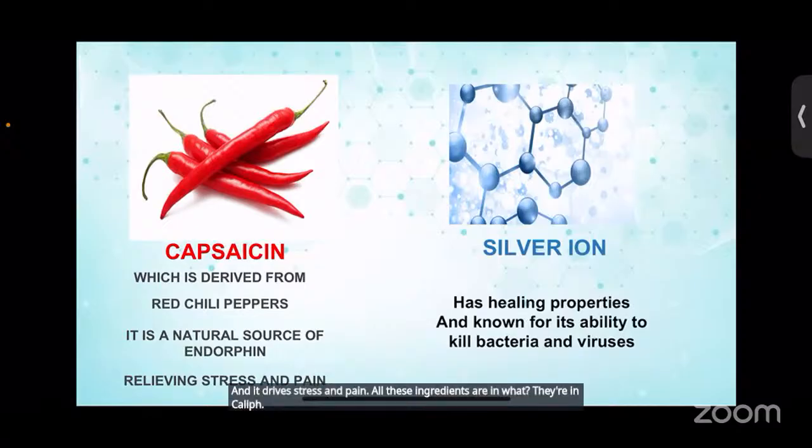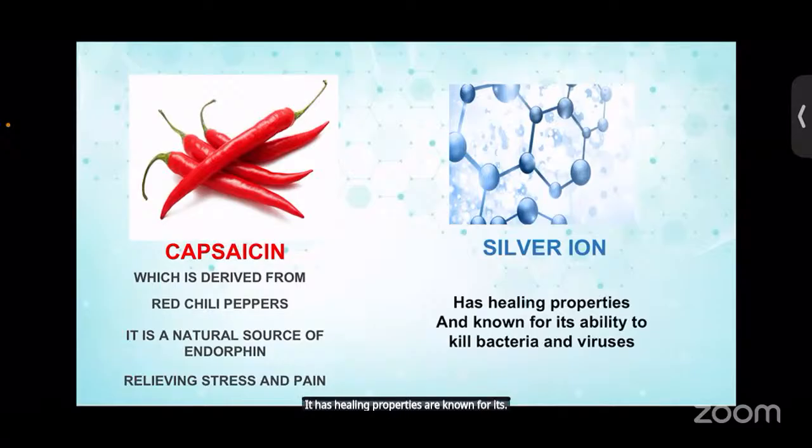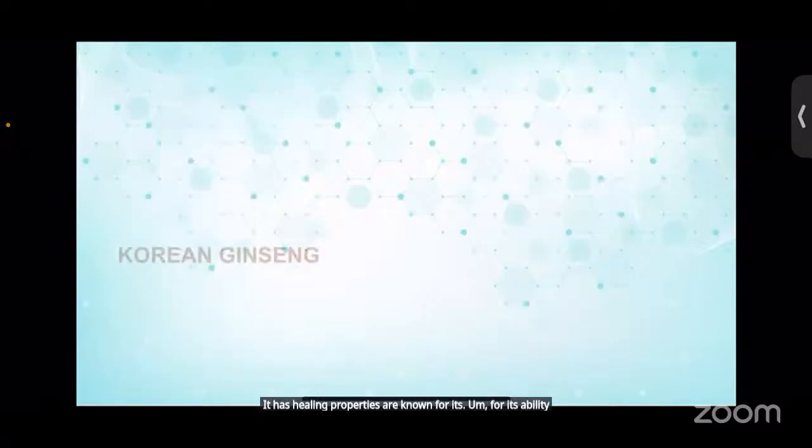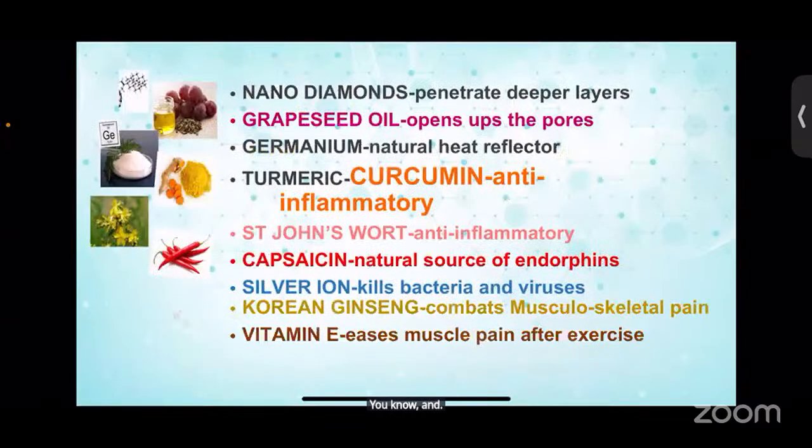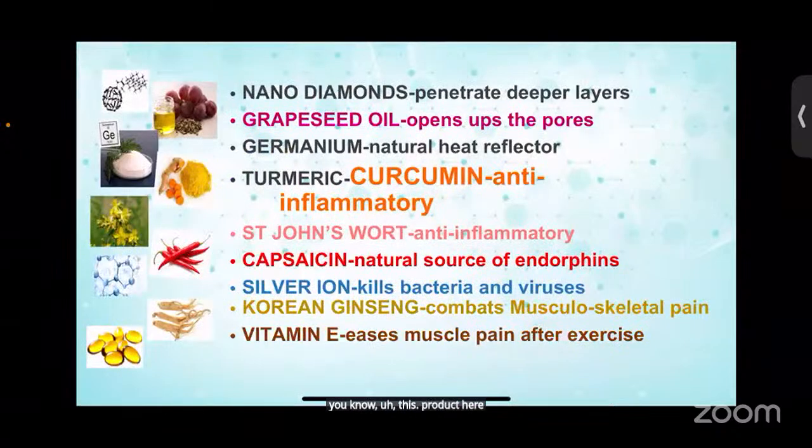Silver ion has healing properties and is known for its ability to kill bacteria and viruses. As you can see, very many ingredients, and this product here, as I've showed you, all these ingredients, and these are what they do.